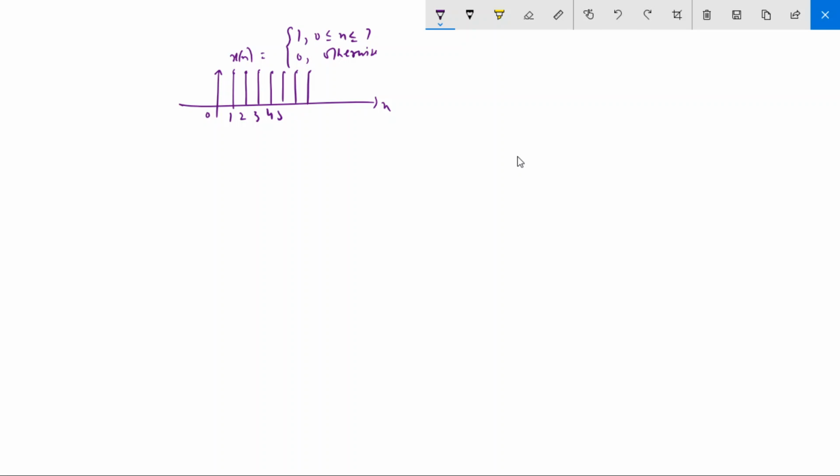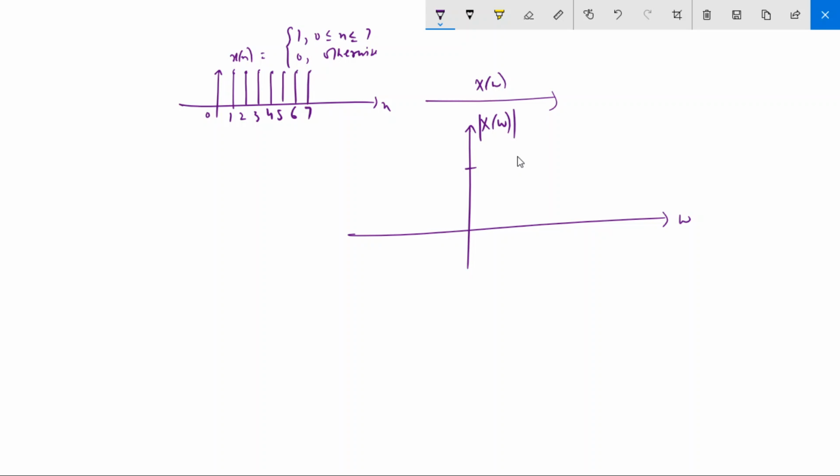I have taken its Fourier transform X(omega) and plotted it between 0 to 2 pi. It is periodic. So you have got a spectrum like this, the magnitude response. It was 8 at omega equal to 0. Then at omega equal to 2 pi, it will again become 8. In between you have it like this.